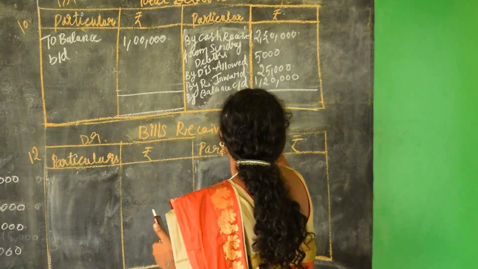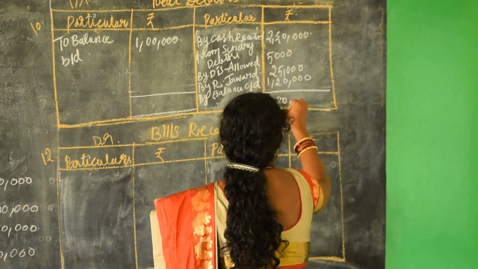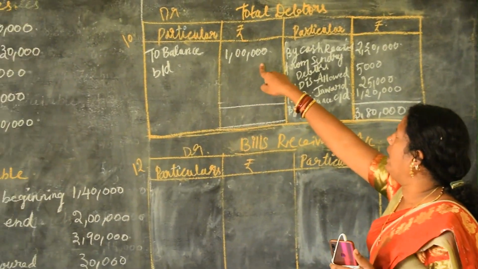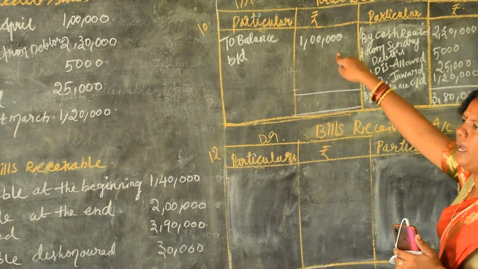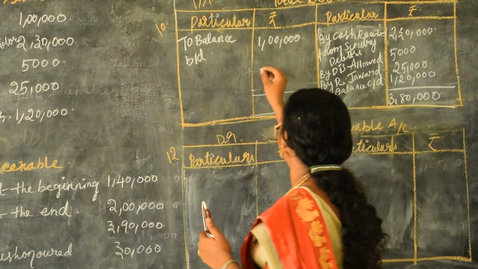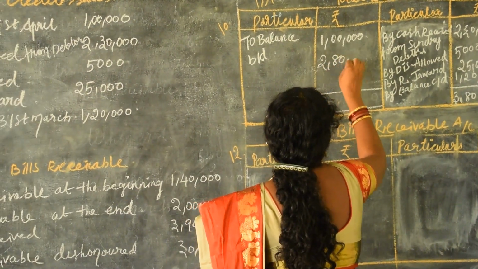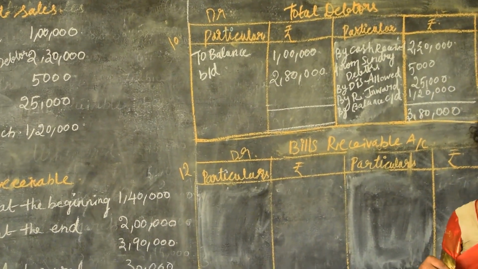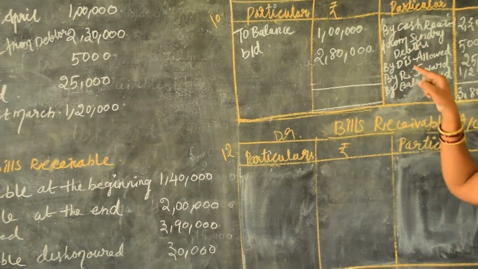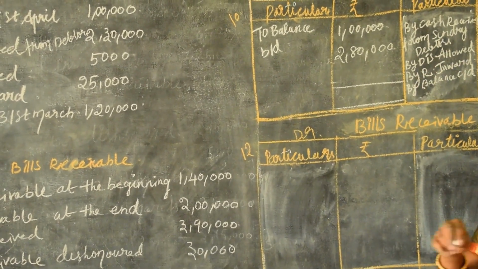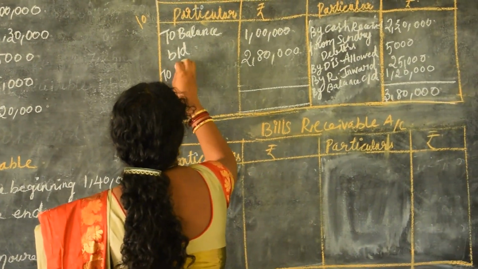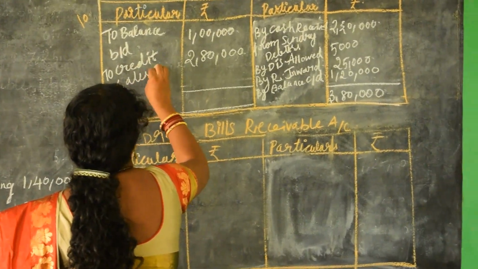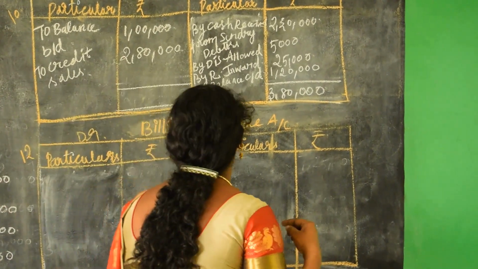You will get 3,80,000 here. On the debit side, only an opening balance is there, that is 1 lakh. Make the difference, and this indicates 2,80,000. That is what we have found out. Have you any idea why you are finding out debtors? To find out the credit sales. Yes, absolutely right. What we have found out is credit sales, 2,80,000.